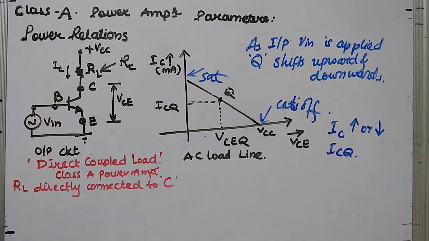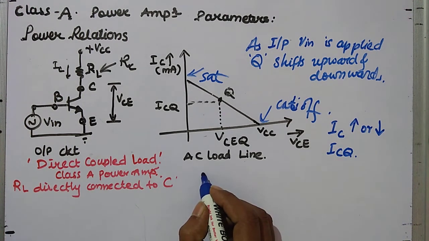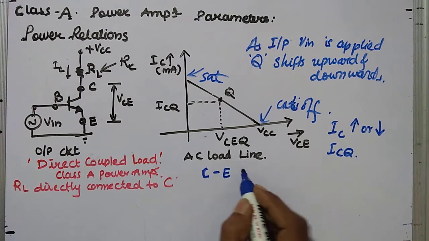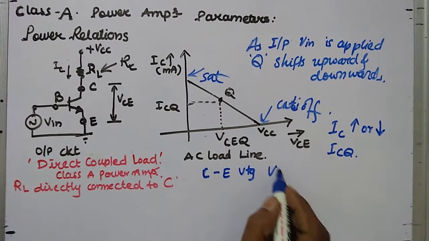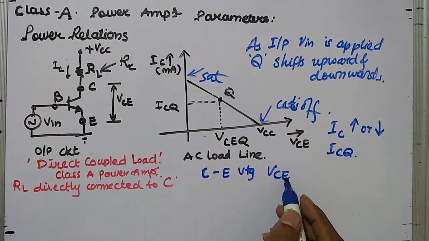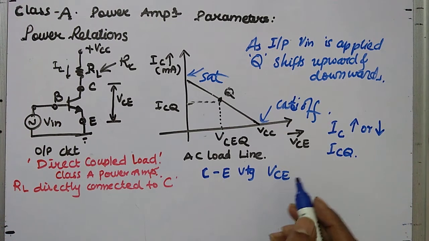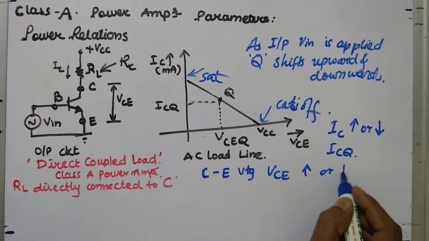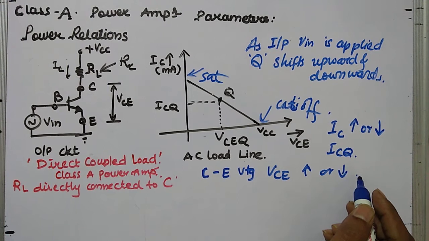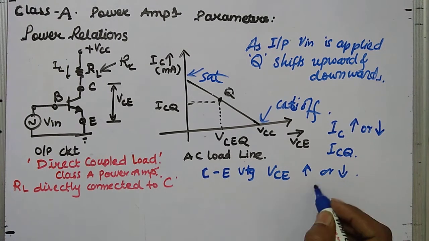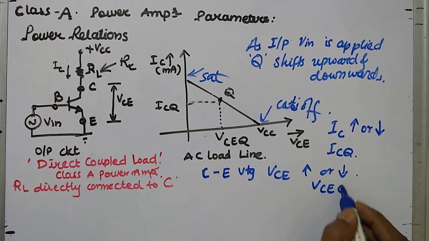In the same way, the collector to emitter voltage VCE will also increase or decrease from its quiescent value VCEQ.